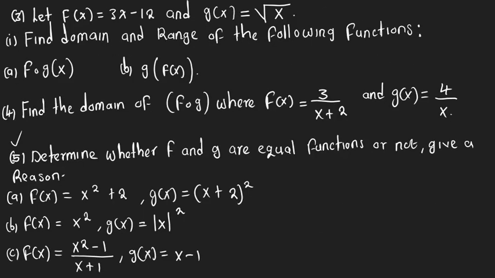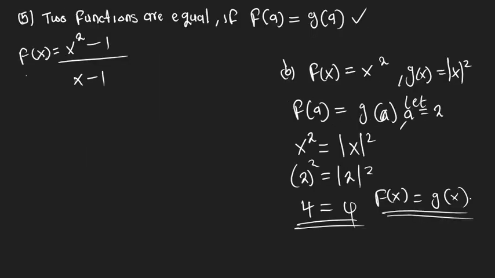Let me check if this is correct. Okay, so this is positive 1. G of x is equal to, let me see what's there, x minus 1.